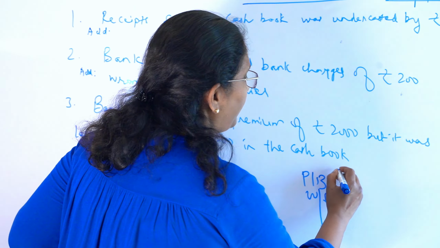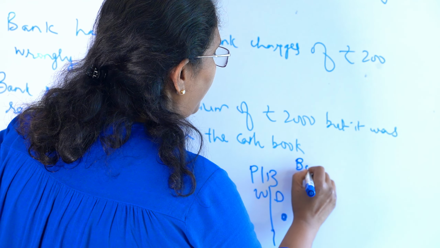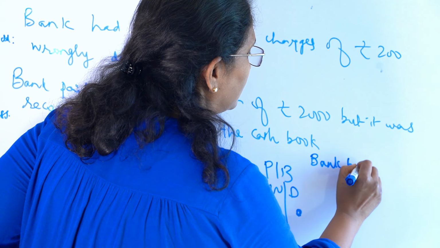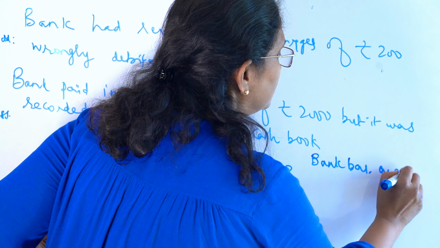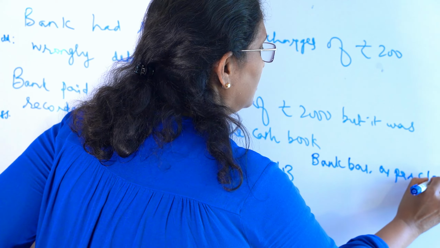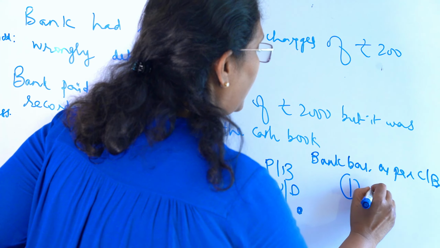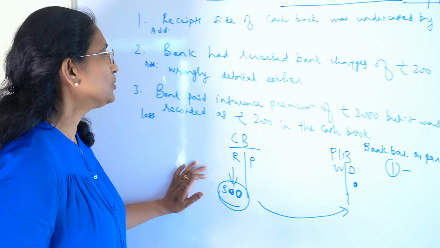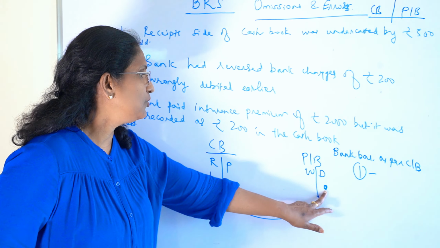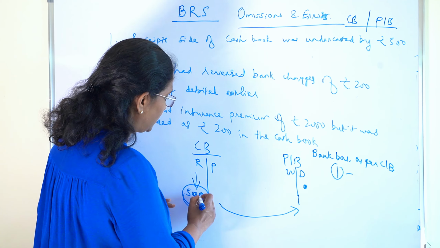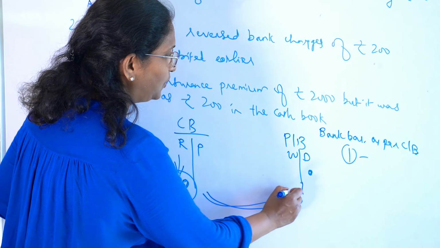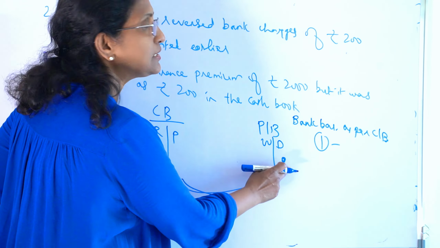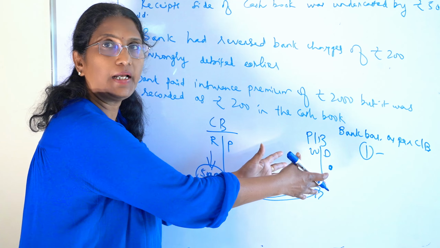So in your bank balance, suppose you are doing bank balance as per your cash book, and you want to arrive at the passbook. So this deposit, you try to add it. Because this 500 is less and you want to add it, because this statement is not less now. You are trying to match it here, right?